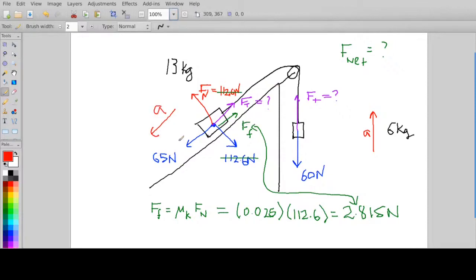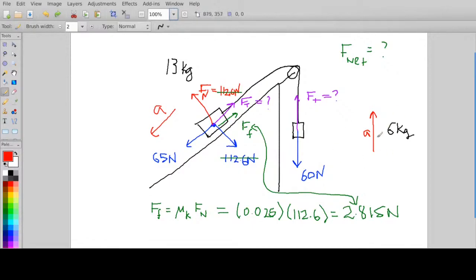So F net is going to be the 65 minus these two. The 65 is winning, so it's actually pulling the 13 kilogram box downhill, but it's being decreased by whatever FT is and also by FF. So it's going to be 65 minus the 2.815 from the friction minus also the tension, and that'll be the net force on the 13 kilogram.